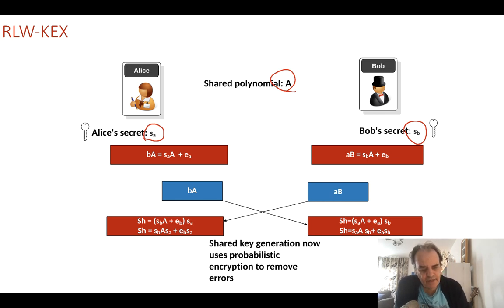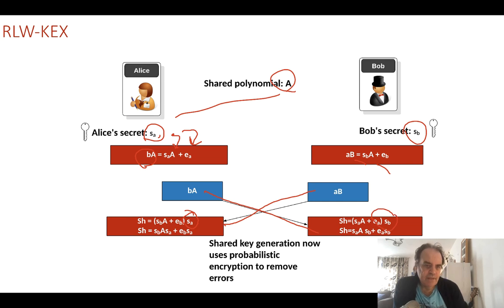So Alice takes A, multiplies her polynomial by A, and then creates a random error polynomial, and then works that value out. Bob does the same on his side with his own secret and with his own error value. They pass it over, and in the end she multiplies it back with her secret, and Bob does that too.